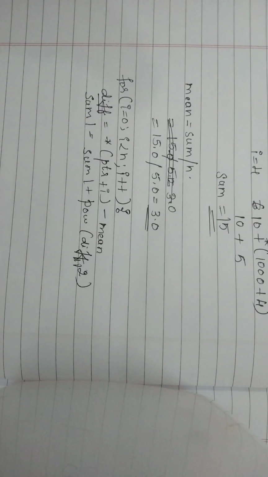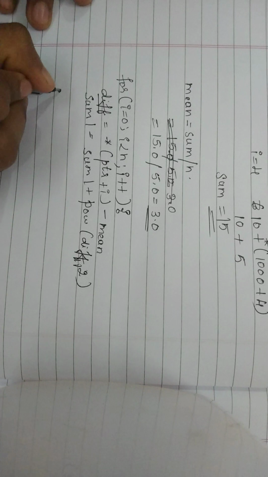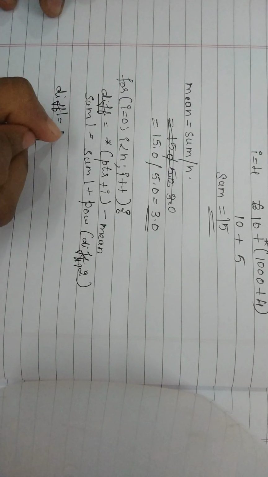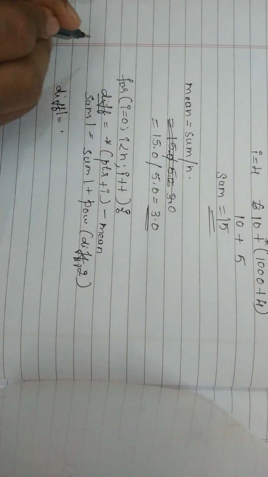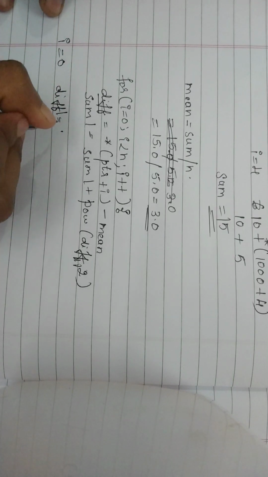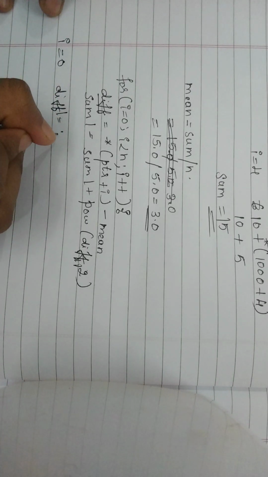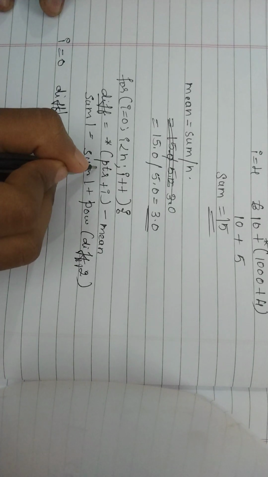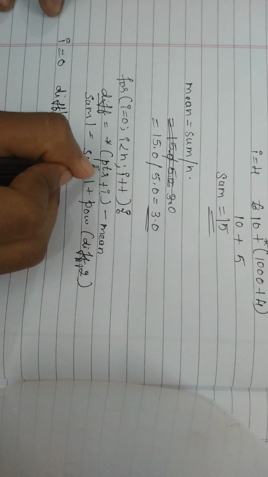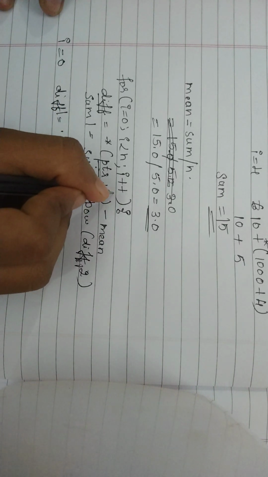So power of 2. How to calculate this one? There are so many methods, so we can use one easy method. First we have to calculate the difference. I is equal to 0 now. So we have the content star PTR plus I. What is PTR plus I? Content is 0th.